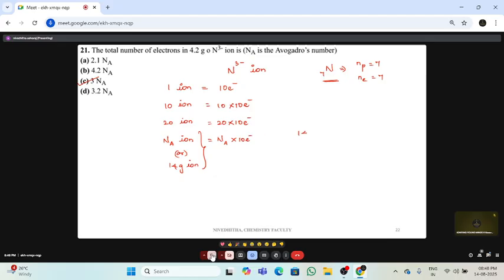So 14 gram contains 10 into Avogadro number, which means 4.2 gram contains how many electrons? You just cross multiply and let me know the number of electrons. 10 into 4.2 into Avogadro number divided by 14.